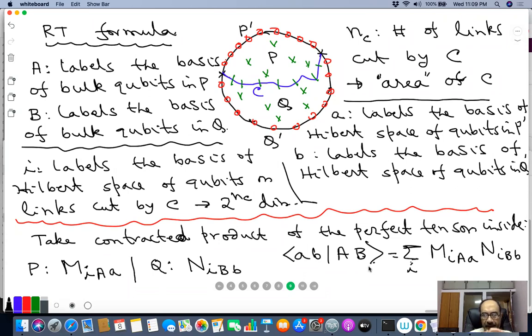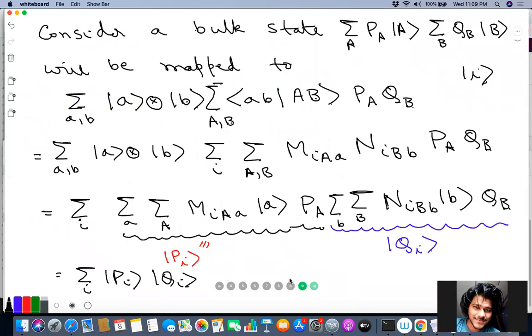In that case, the sum over I is also a finite sum. Is this clear? Yes, sir, yes.